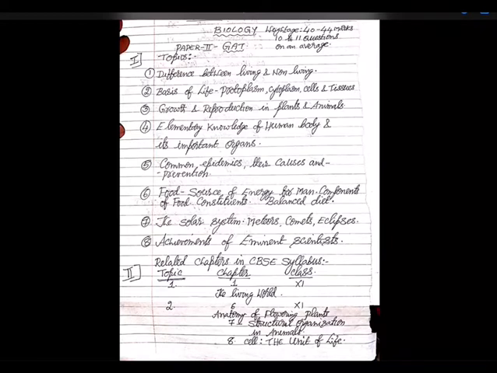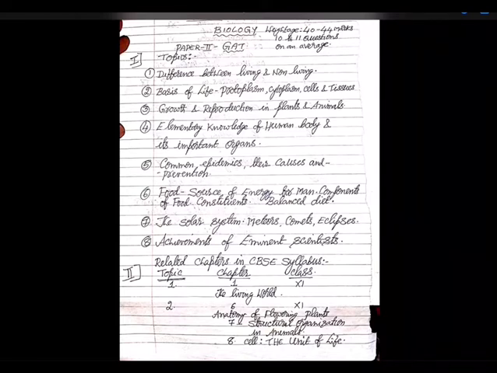So we'll be studying about bacterial diseases, viral diseases, worm diseases, etc. And in each one, we'll be studying where the origin is, what is the body structure, what causes it, and how to prevent it.